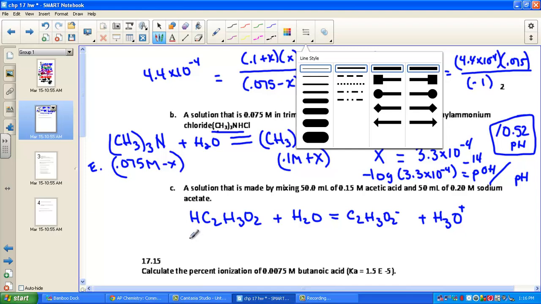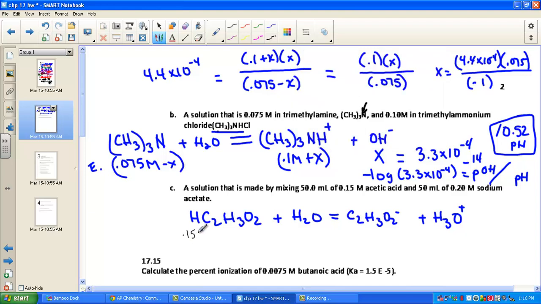Acetic acid, just trying to tabulate under here, 0.15 molar times 0.05 liters gives us, let me hit that for us, molarity times liter, we'll pull out the number of moles. 0.15 times 0.05, get 0.0075, did you as well?